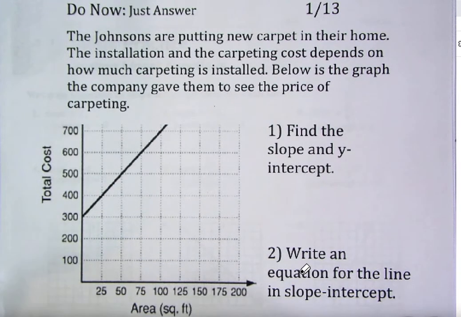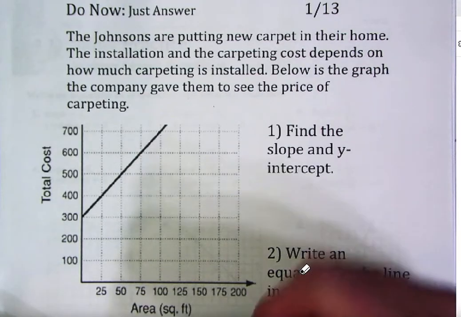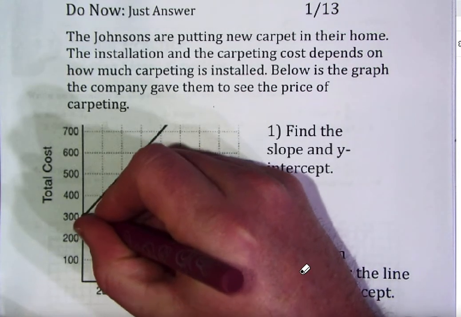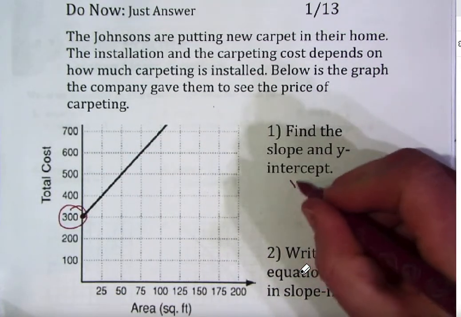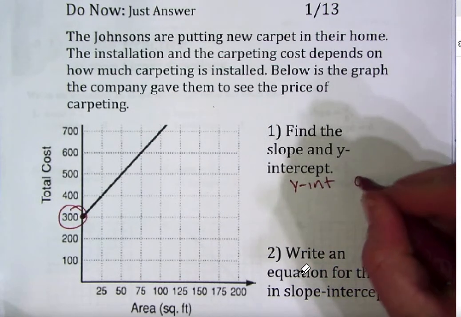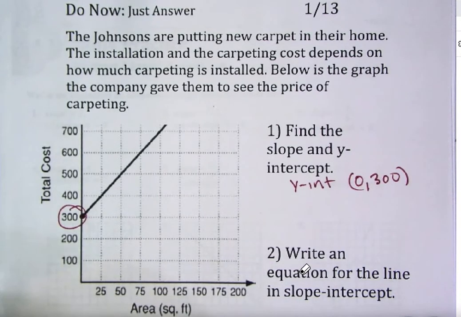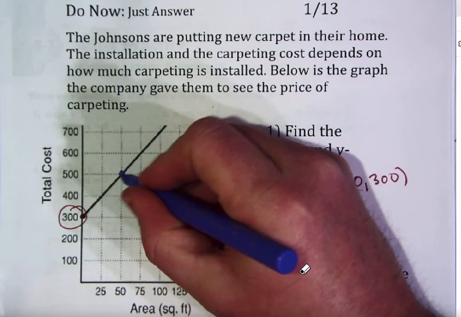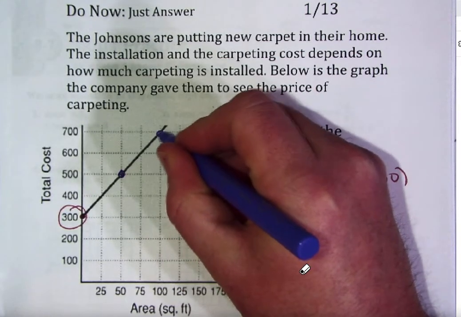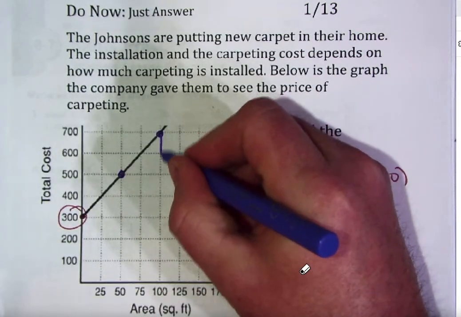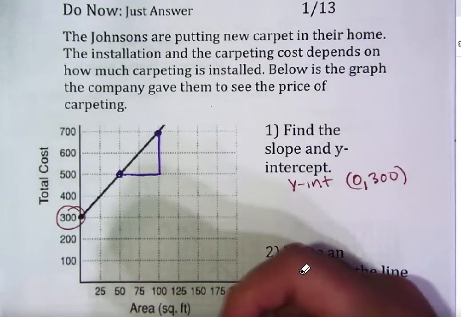All right, so we want to find the slope and y-intercept. The y-intercept is where it crosses the y-axis, so the y-intercept is at the point (0, 300). Then to find the slope, we need to pick 2 points. They can be any 2 points, so I'll pick these two and find the rise and run.